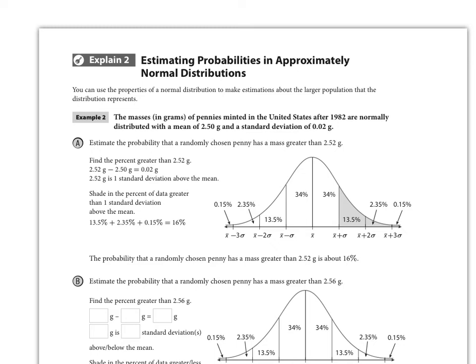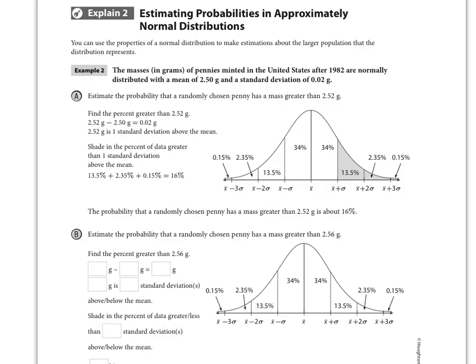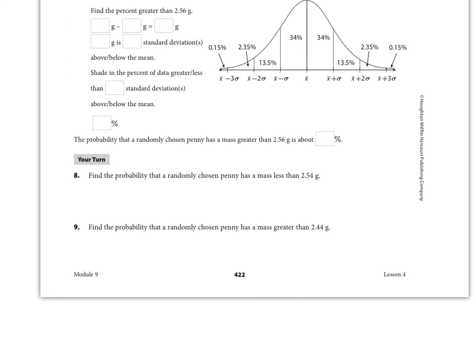And because they're already percentages, they actually represent our probability as well. I mean, it could be a fraction, but fractions, remember, we can represent those as percentages. So let's just go to the your turn.